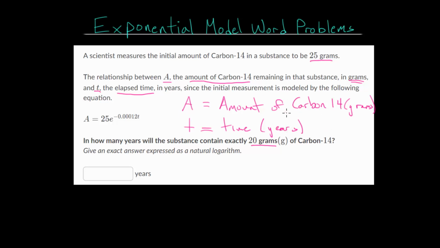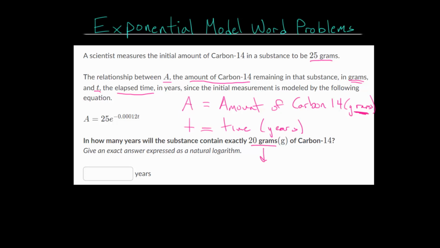Now that we have a general idea of what this equation is representing, we can try to answer the question. In how many years will the substance contain exactly 20 grams of carbon-14? Notice we're given how many grams of carbon-14 there are, and the unit for A is grams.